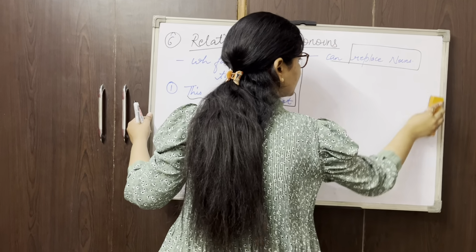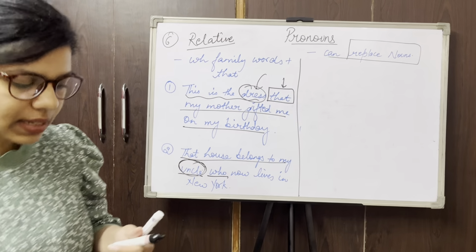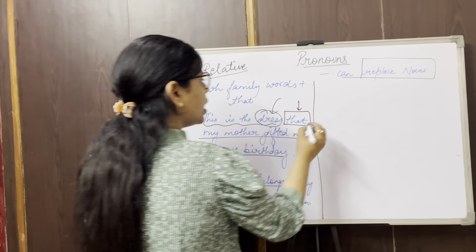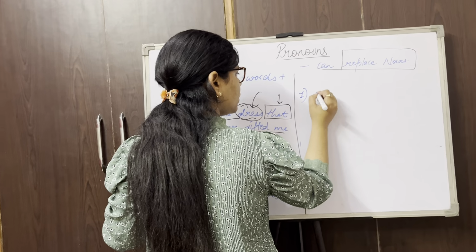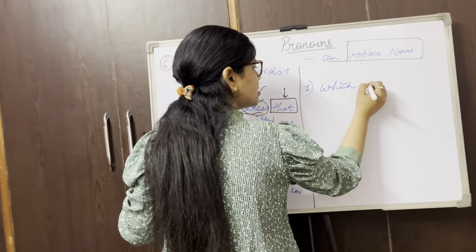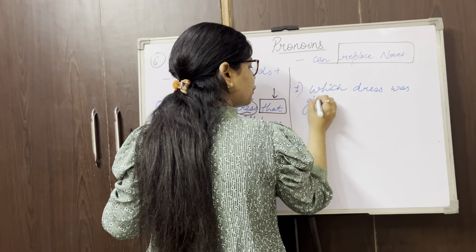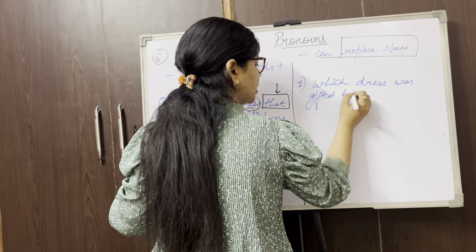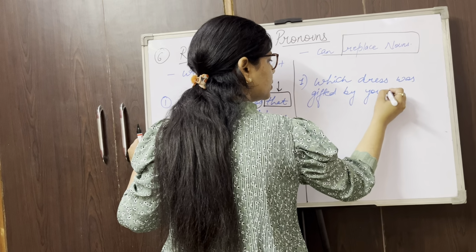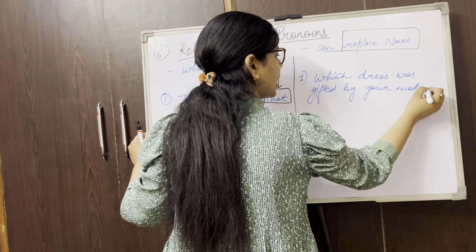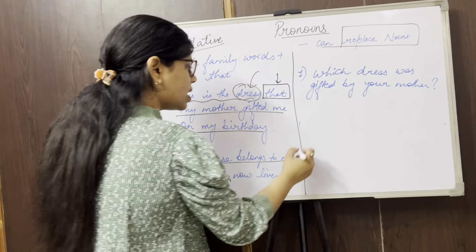For example, if we have to convert the same sentence into interrogative, it will become, which dress was gifted by your mother, let's say. And then we will end it with a question mark.